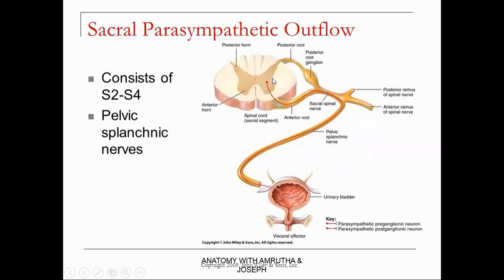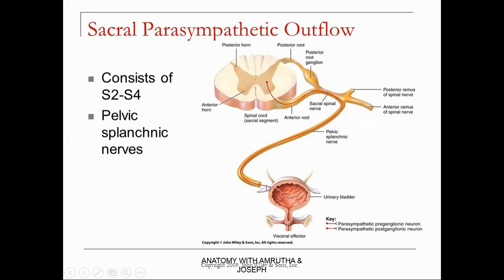In the sacral outflow, there are lateral gray horns in the sacral segment which have the preganglionic neurons. They send their fibers through the anterior root, enter the trunk, and through the ventral rami reach the organ.